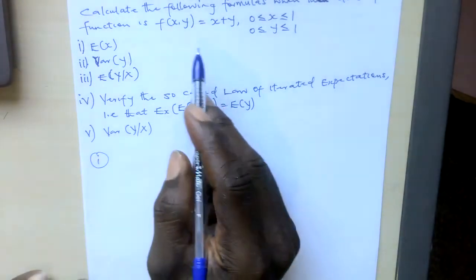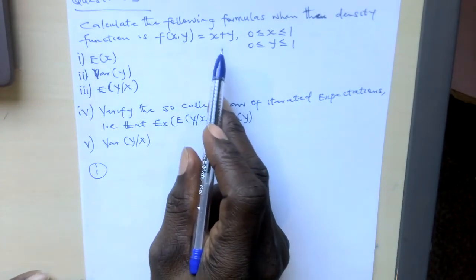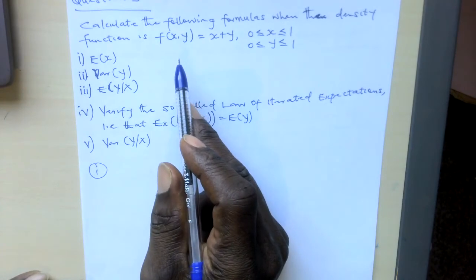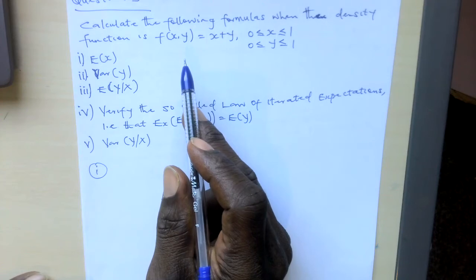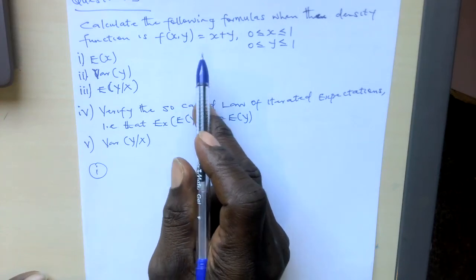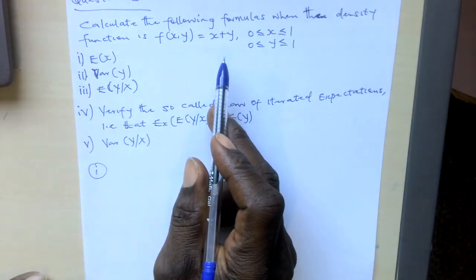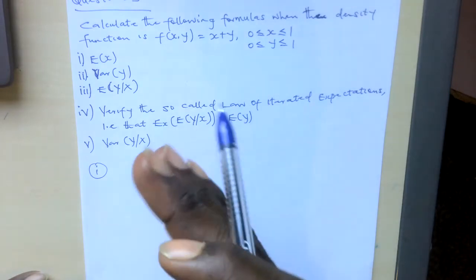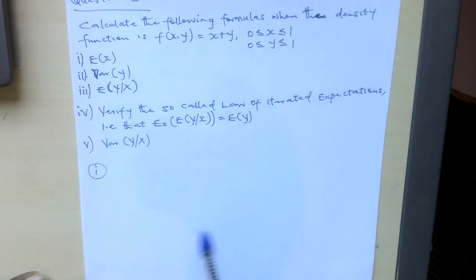So from the joint function here, what's the PDF of x? To get the PDF of x, of course, we need to integrate this with respect to y. That's a partial integral with respect to y, so that we can eliminate y and get the PDF of x.